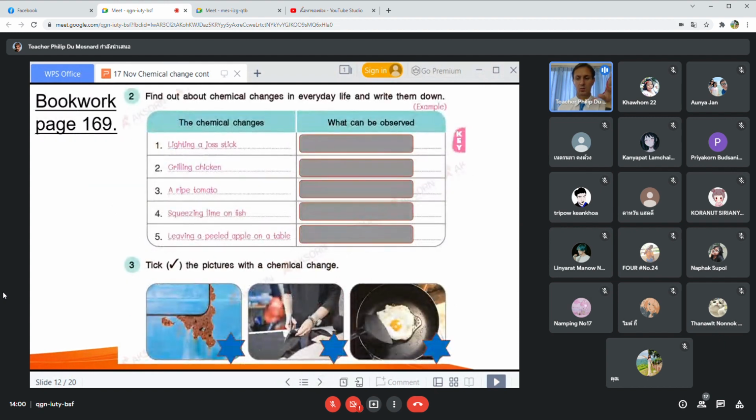Okay, so now on the left side, you can copy because it's very hard to think of examples. So that's why you can just copy the left side.